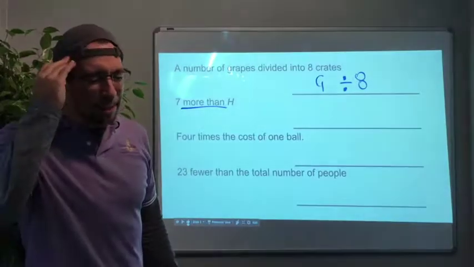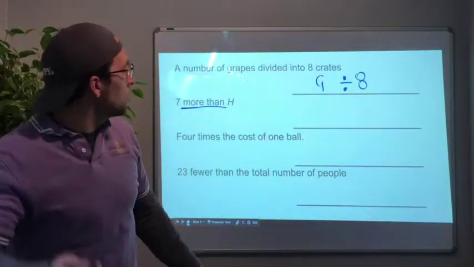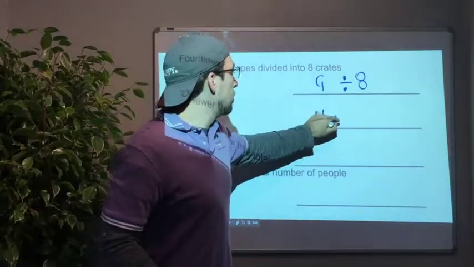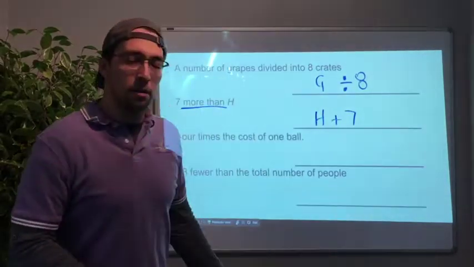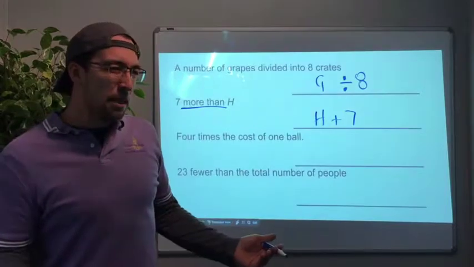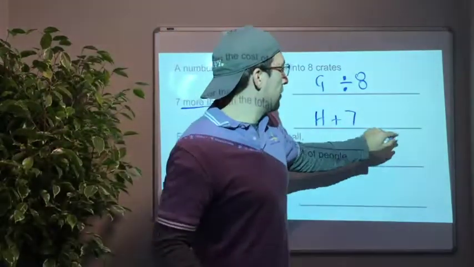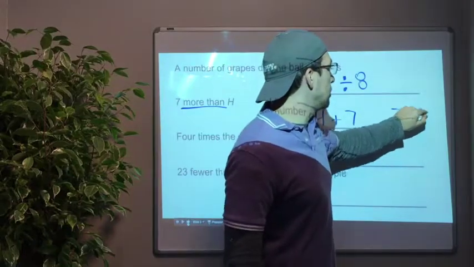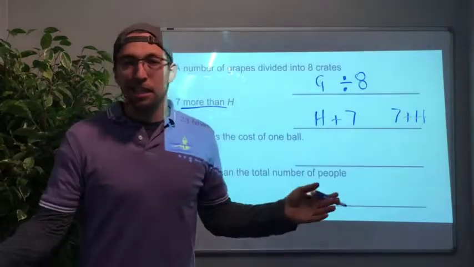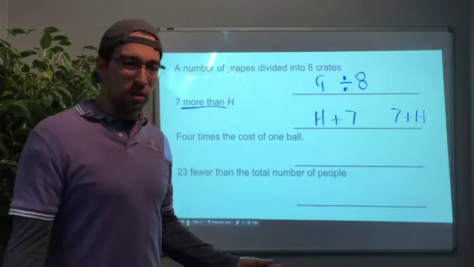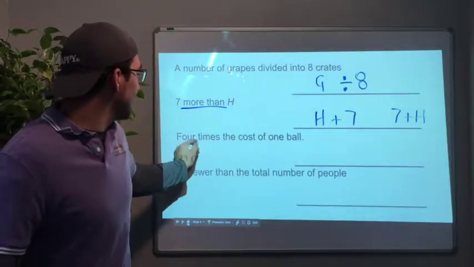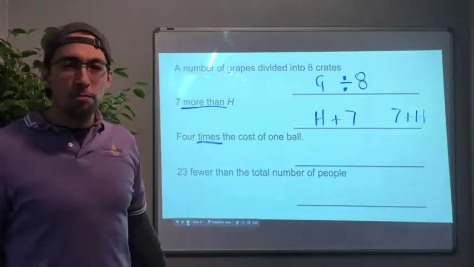7 more than. More than means addition. You have 7 more than h. Who knows what h is, but we'll say h plus 7. Is that the same thing as saying 7 plus h? Yeah, it's the exact same thing. So we don't mind doing that. No problem at all. 4 times the cost of 1 ball.